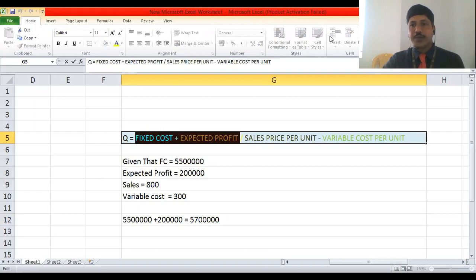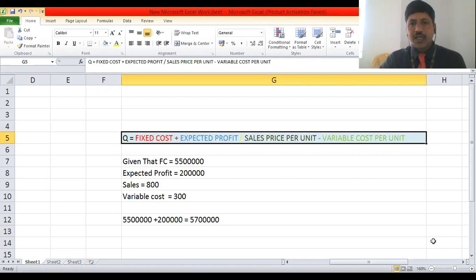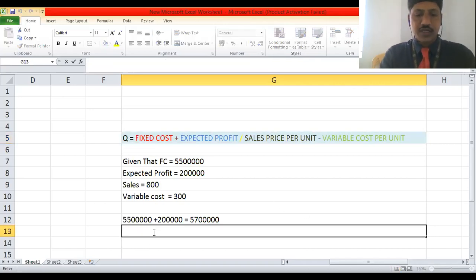And next, selling price minus variable cost, this is also called contribution, is equal to selling price per unit given as 800 minus variable cost per unit given as 300. This is equal to 500.